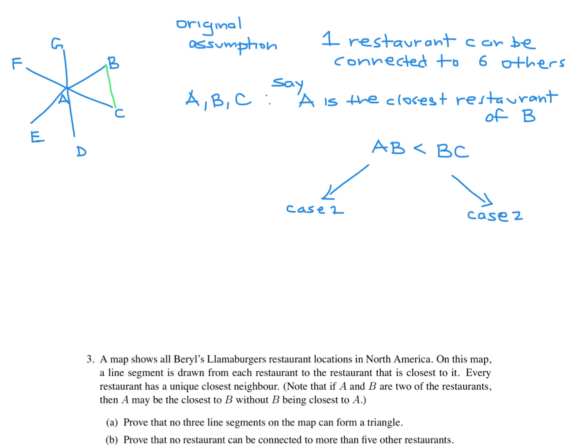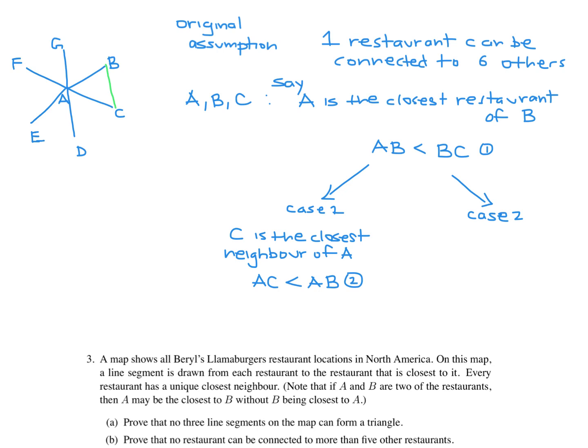The first case is that C is the closest neighbor of A. And if that is the case, then the distance from A to C is less than the distance from A to B, right? Because if C is the closest neighbor of A, B is not the closest neighbor of A. So the distance from A to C would be less than the distance from A to B, correct? So this is equation 1. We now created an equation 2.